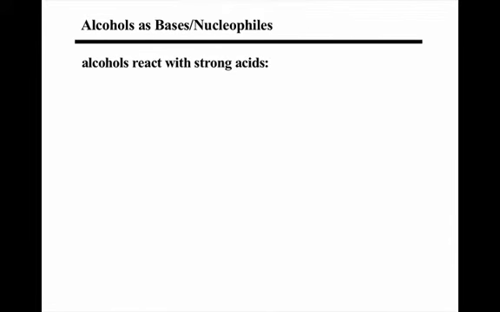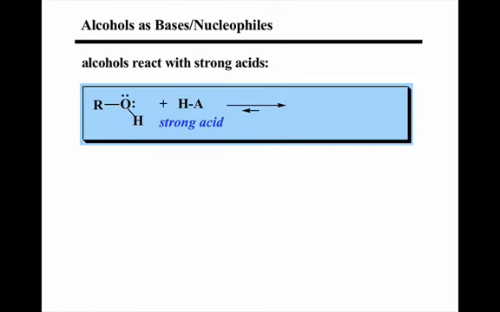So it turns out that alcohols will react with strong acids. If you take an alcohol, in this case a primary alcohol, and mix it with a strong acid, HA, you are going to protonate that alcohol and get what's known as an oxonium ion. I like to just call them protonated alcohol, okay? Makes it pretty simple.